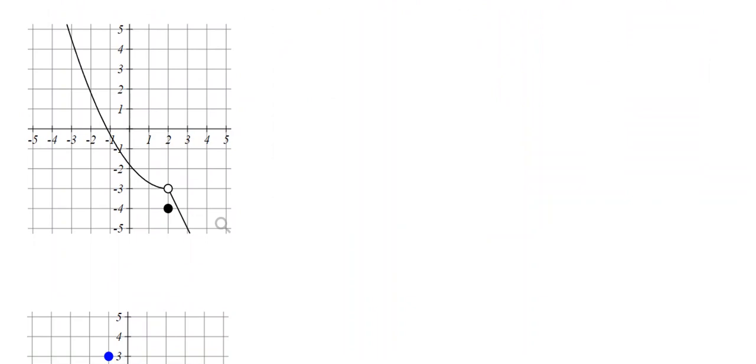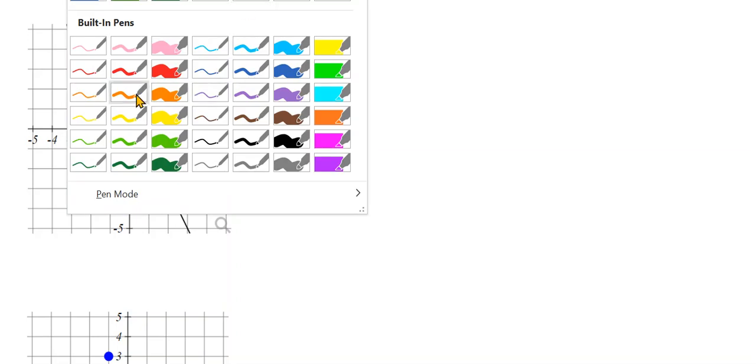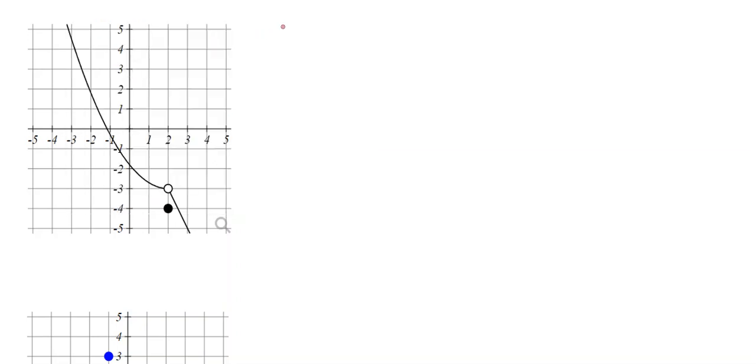And so let's take a look at the left-hand limit. The left-hand limit would be the limit of this function, we'll call it f of x again, as x approaches 2. As x approaches 2 from the left, this would be the left-hand limit.